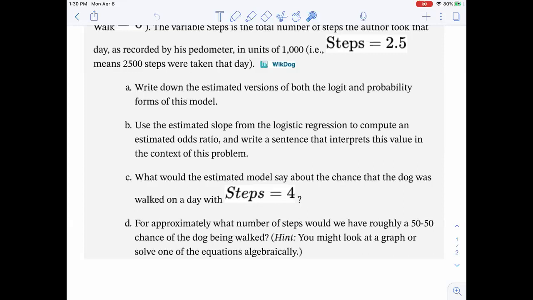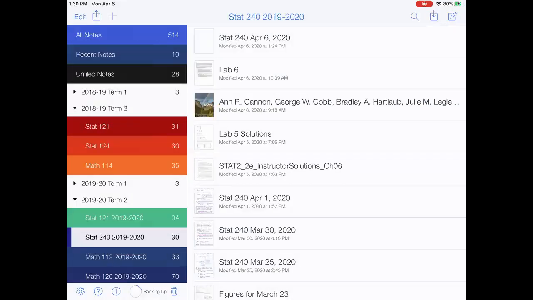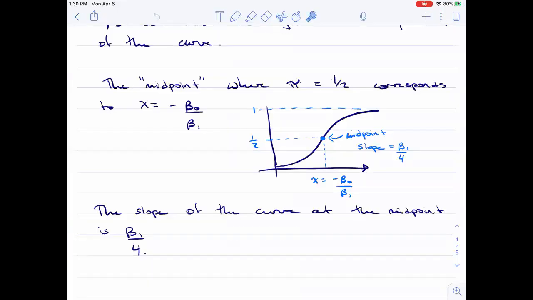And I'm assuming that you guys have used R to do logistic regression. Has Norm made you use R? Or if you use Minitab or whatever, I don't know. Do you want this entirely on R or handwritten?